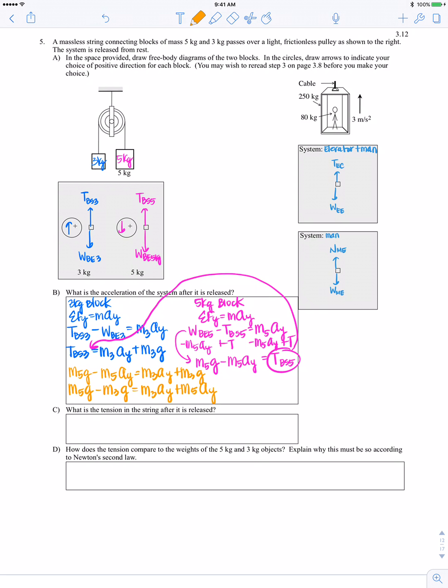When I factor, on the left side I factor out a g, and I get g times (M5 minus M3) equals, and here I factor out A_y, (M3 plus M5), then divide by M3 plus M5.